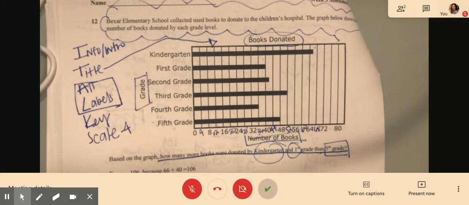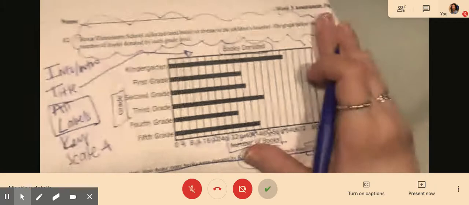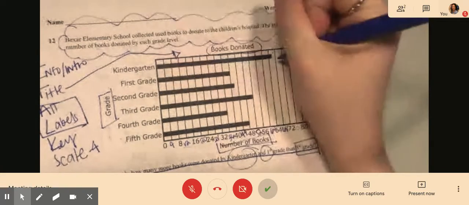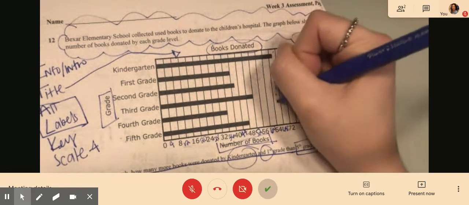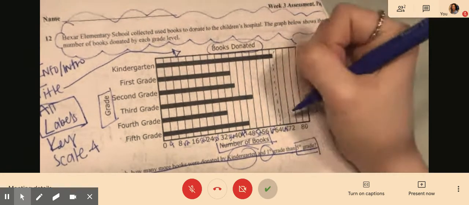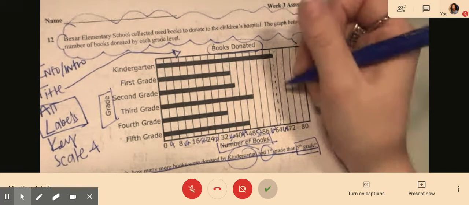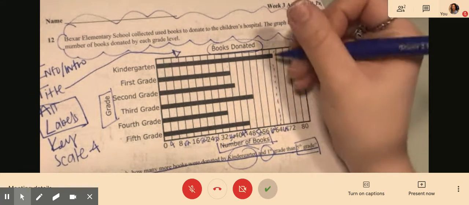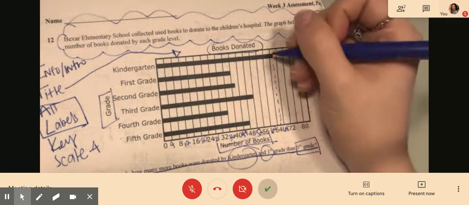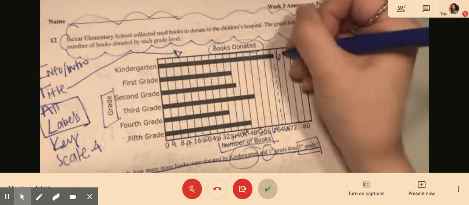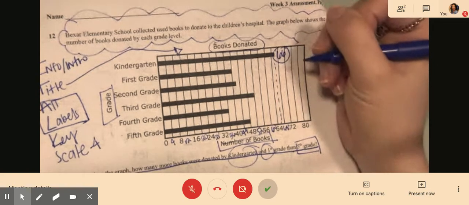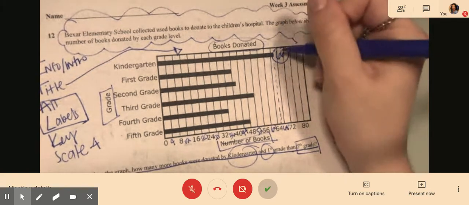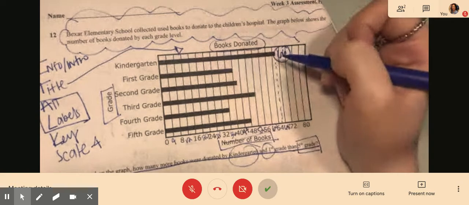Okay, so your next step, boys and girls, is figuring out the amount of books that were donated by kindergarten. So if I look here, I go down, and I see that it is not quite at 68, but it's not at 64, it's in the middle. So that means that 66 books were donated by kindergarten. And we circle it, and it looks now like a lollipop.